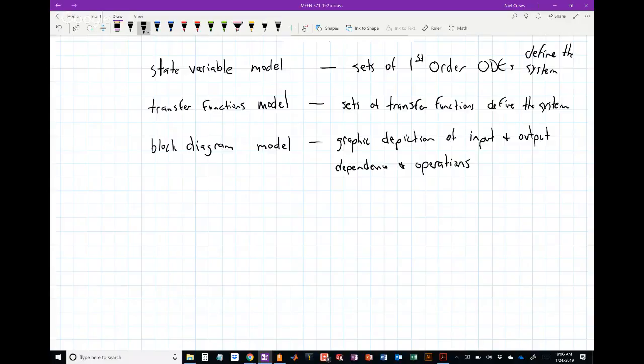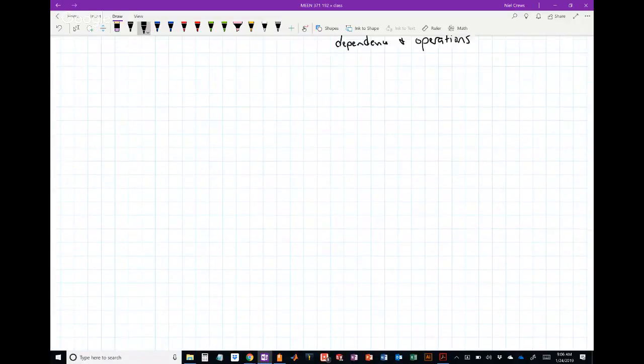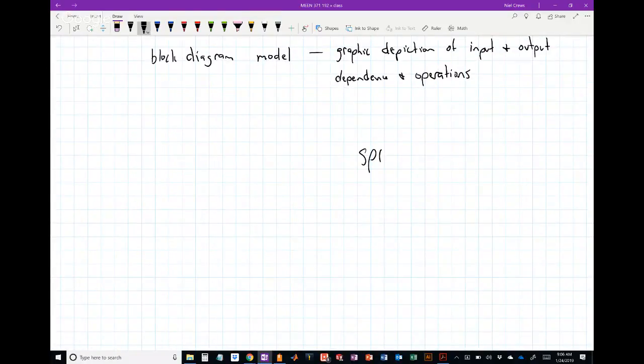You'd go in and say, okay, what are my forces? What are my spring elements? What are my damper elements, if any? So think this: spring elements equals something times x.